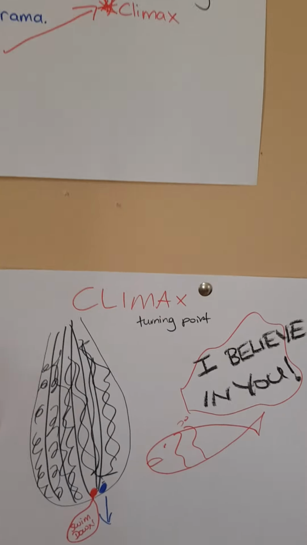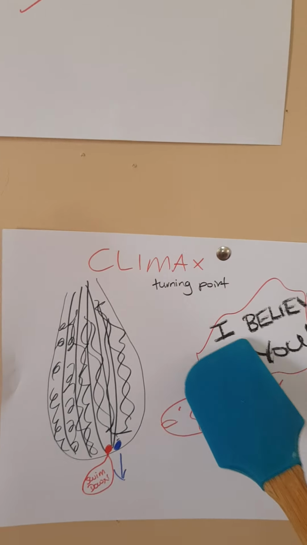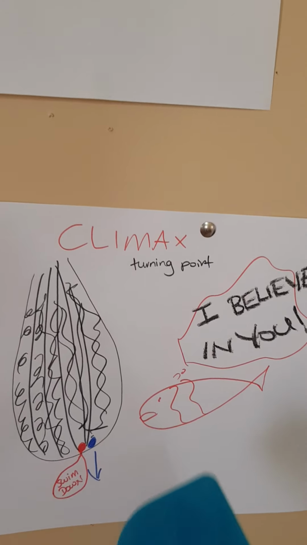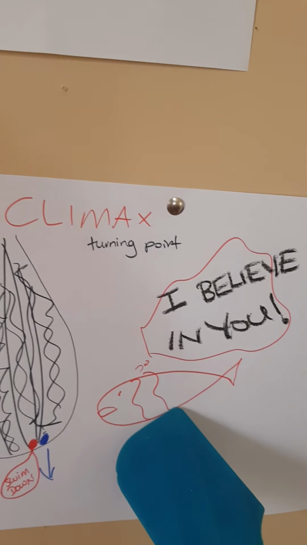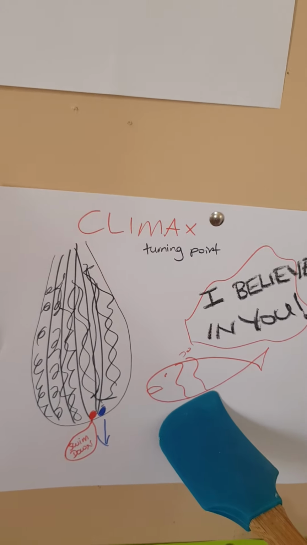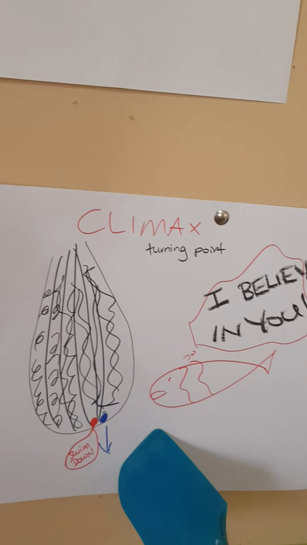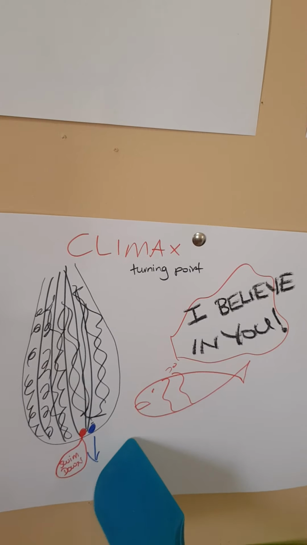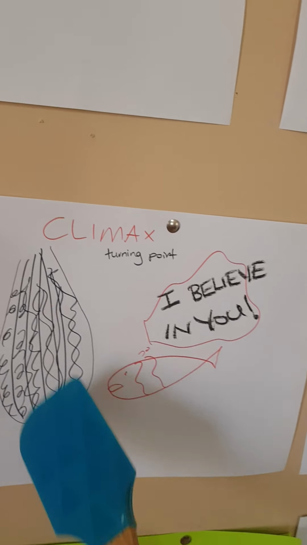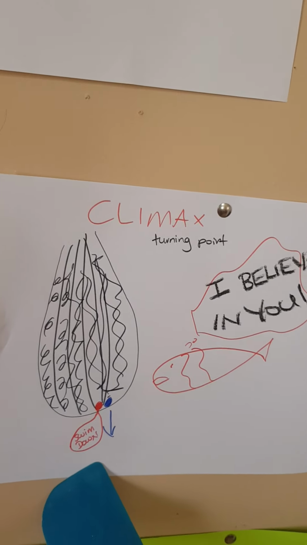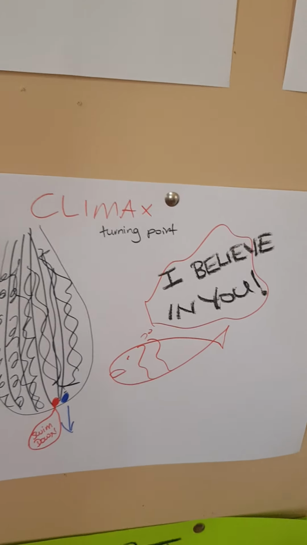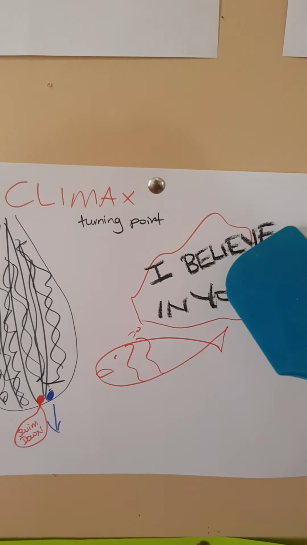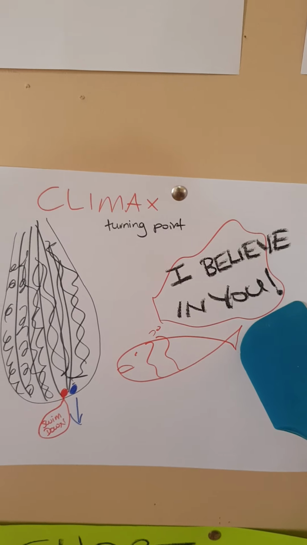So a climax in the show Nemo would be when the father realized that he could believe in his son, or that he needs to believe in his son in order for them to move forward and for Nemo to feel a sense of independence and strength, right? That it's okay to let go then.